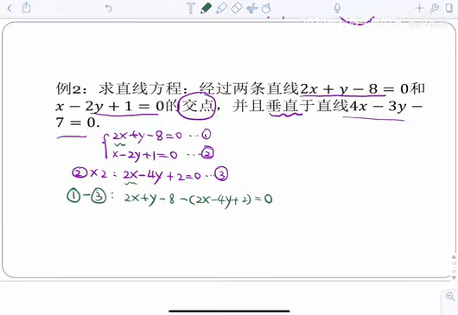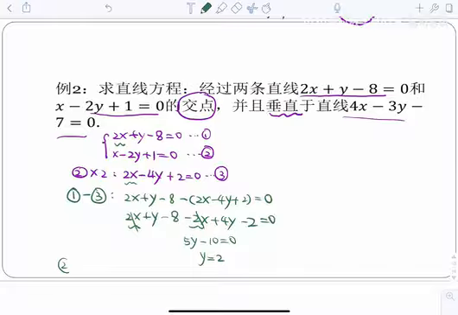So 2x and 2x cancel. So we only have 5y minus 10 equal to 0, so y equal to 2. And from the second one, x equal to 2y minus 1, meaning 2 times 2 minus 1, so x equal to 3. So we know the common point is (3, 2).